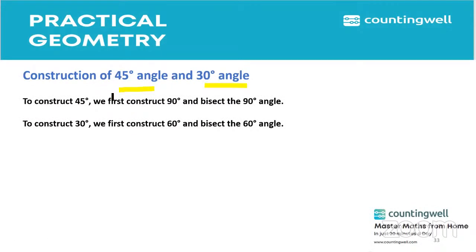For 45, you first follow the procedure to construct 90 degree, and then bisect the 90 degree angle using the steps of construction for bisecting an angle. Also, to construct an angle of 30 degree, you first construct 60 degree and then follow the steps of construction of angle bisector for bisecting the 60 degree angle.